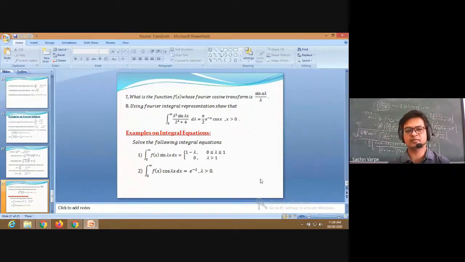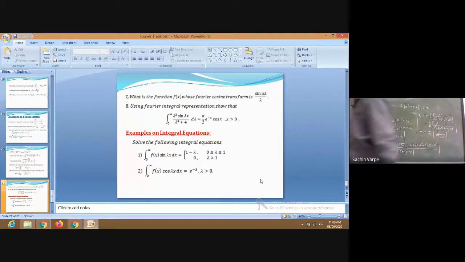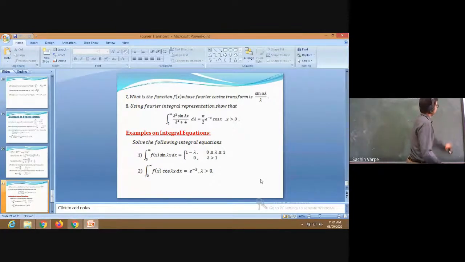Write down the first example: solve the following integral equation. This last example is very important. I feel that this example will be asked in the coming exam for you. So solve the following integral equation.